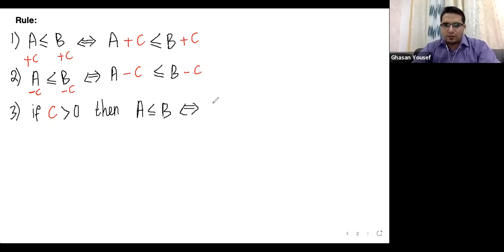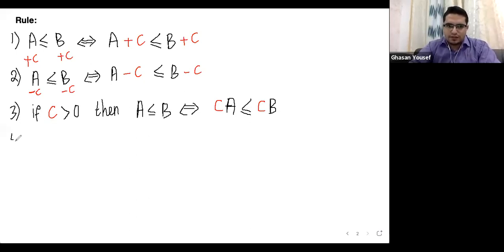This equivalent inequality is, I want to multiply both sides by this positive number, and I'm going to get C times A less than or equal to C times B. So look here, the sign of the inequality does not change when I multiply by a positive number.